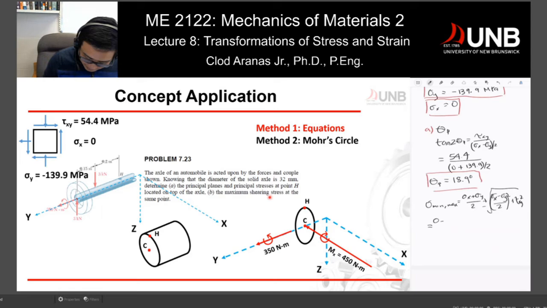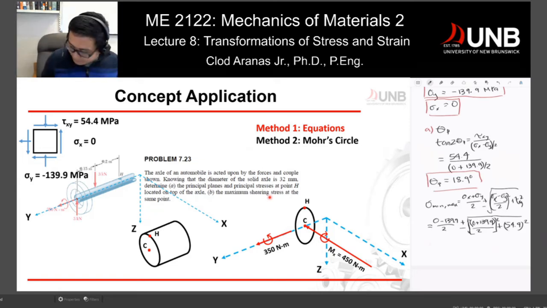So that's 0 minus 139.9 divided by 2 plus minus the square root of 0 plus 139.9, which becomes plus because it's a negative sign over here, divided by 2, everything raised to 2, plus 54.4 raised to 2.